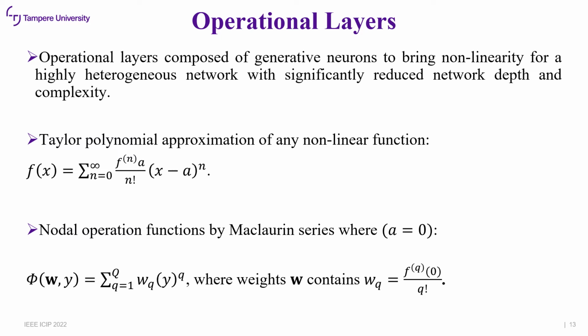We all know that the Taylor polynomial approximation of a nonlinear function is given as in this equation, and we can represent the nodal operation functions by the Maclaurin series where a equals 0. So the inputs of the nodal operations are the weights coming from the Taylor polynomial approximation and the output of the previous layer.